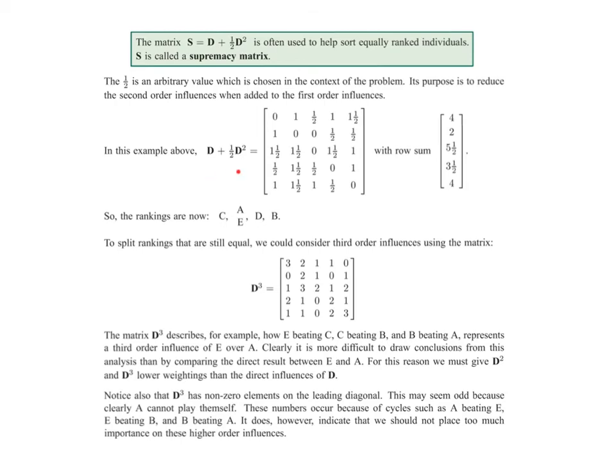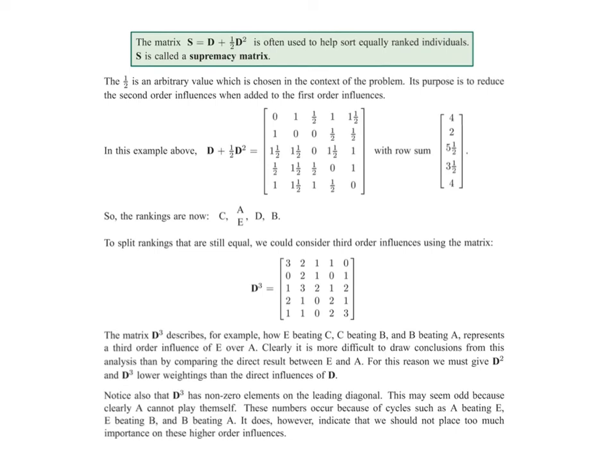If we use the supremacy matrix result, we can get a bit better ranking. A and E are still equal, but now we can see that D has been pushed down in the rankings. Sometimes we might even consider going further and looking at the third order influences, or even higher order influences. Generally we'll stop at 3 though.